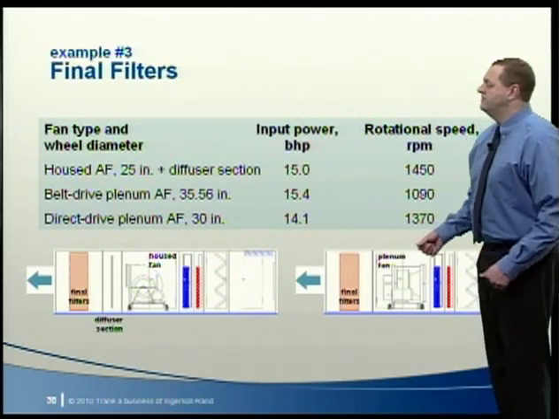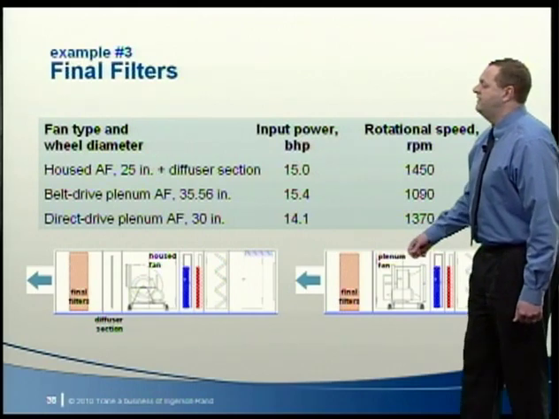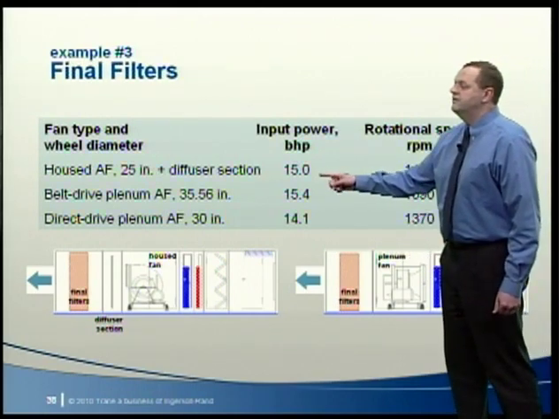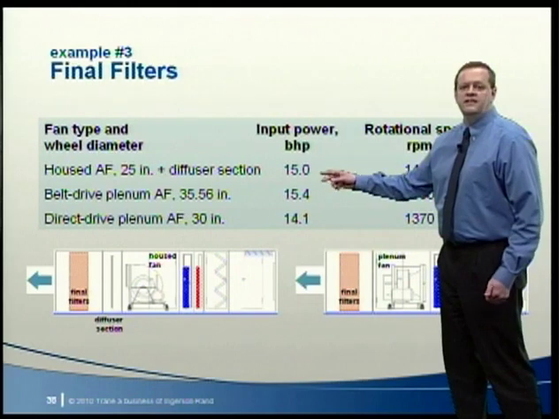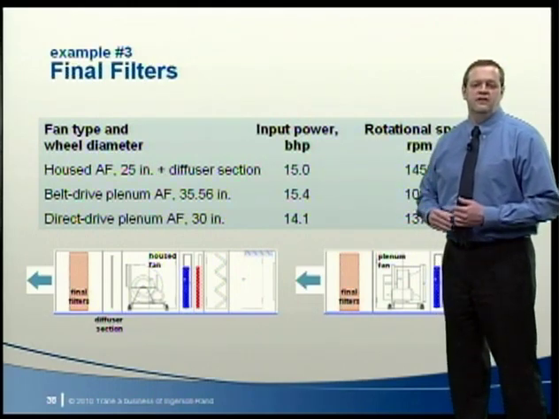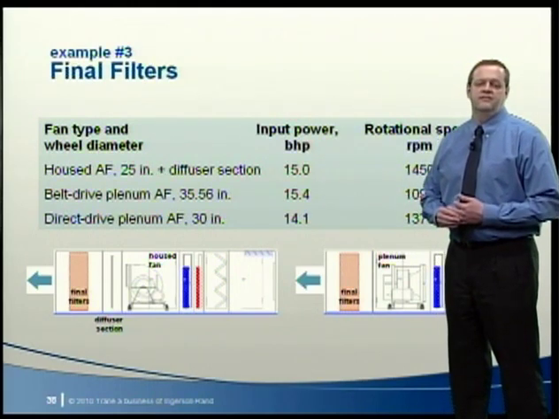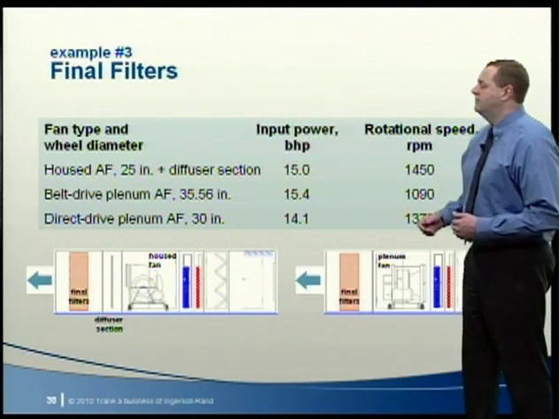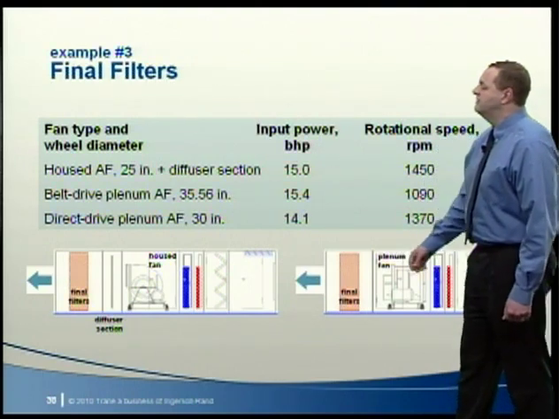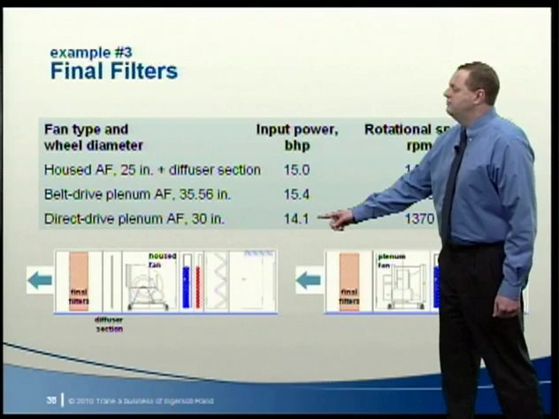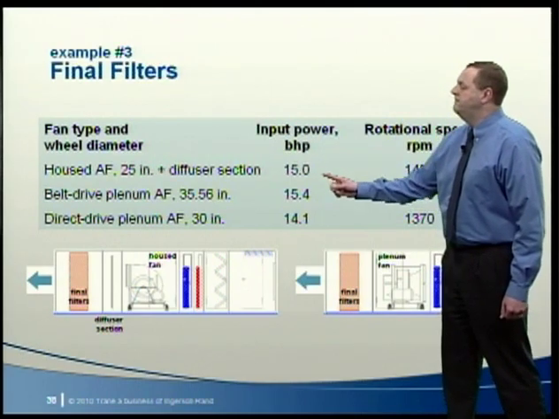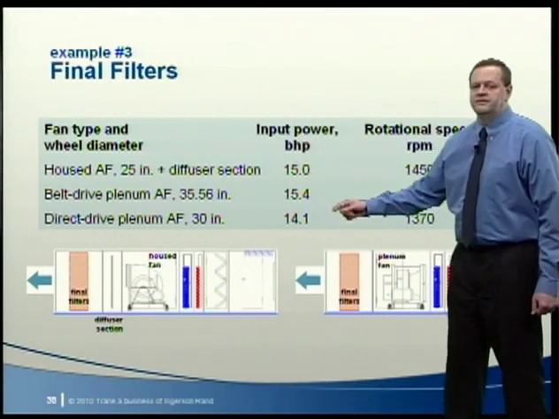In this configuration, the input power for the housed fan increases due to the pressure drop of the diffuser and the fact that the housed fan is no longer discharging directly into a straight section of the duct. For our example, the direct drive plenum fan requires the least amount of power, 14.1 horsepower compared to 15 for the housed airfoil fan. Let's summarize this discussion of housed versus plenum fans.